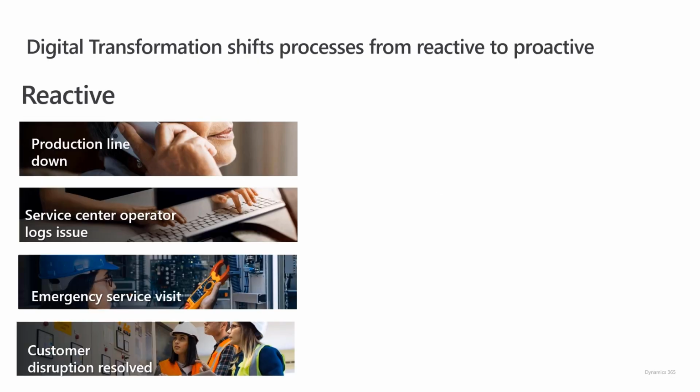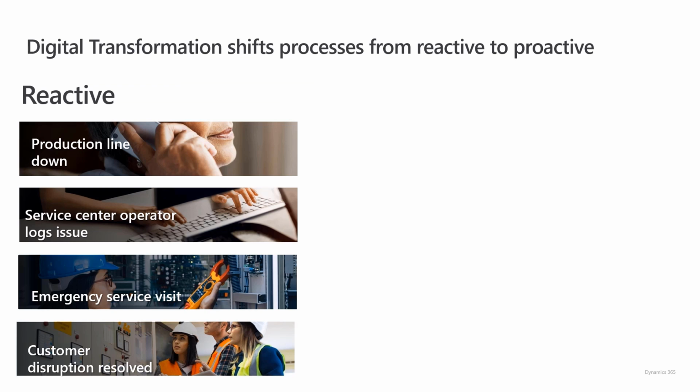Now, it's easy to think of digital transformation as just being a buzzword that's thrown out by people in the industry, but to give a tangible way of thinking about it, if you look at how we used to build applications, they were very reactive. We'd have somebody sitting there waiting for a call to come in. They would then create a record in the system that would possibly have somebody go out, and they'd do some last-minute effort to try to resolve the problem that the customer was having.